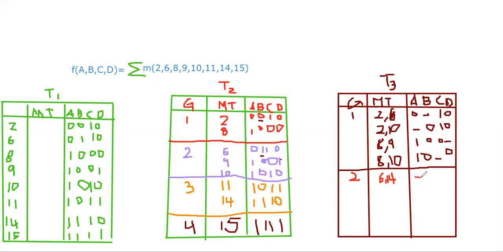So it is dash 1 1 0. Now 9 is compared with 11, so there is one change in bit position B, so we can group 9 and 11.